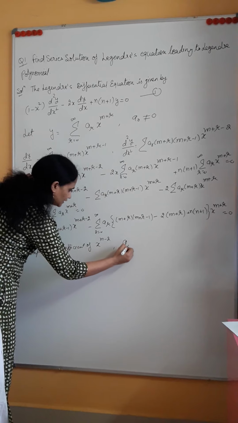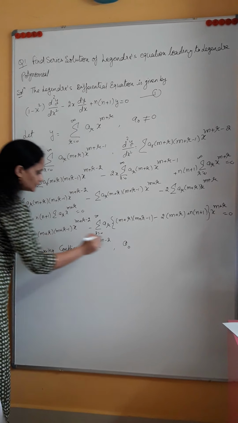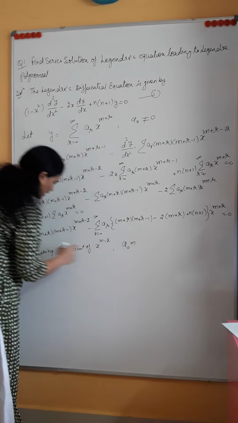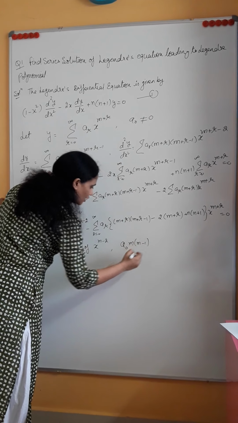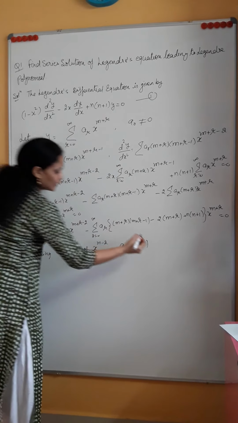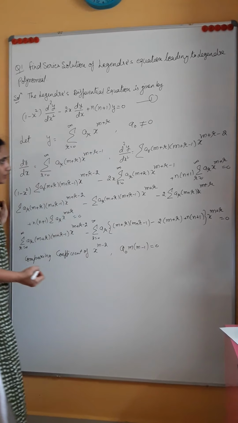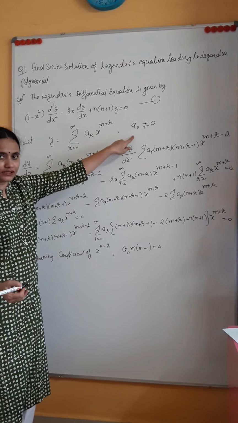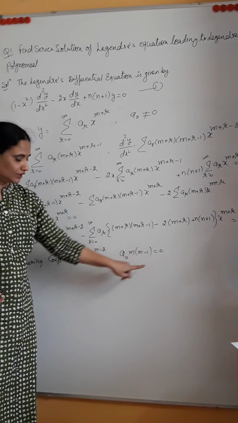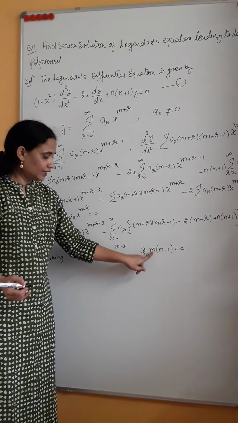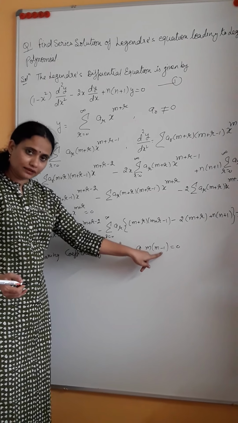We get a_0, and when r is 0 this is m, and this is (m minus 1). Now comparing means the right hand side is 0. We have already considered the condition that a_0 cannot be 0. So if the product of these three factors is 0 and a_0 is not 0, then either this may be 0 or that may be 0.